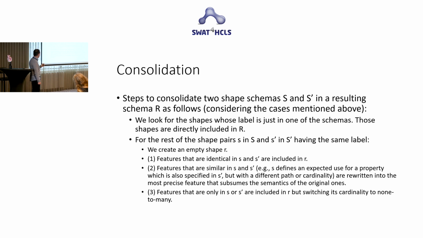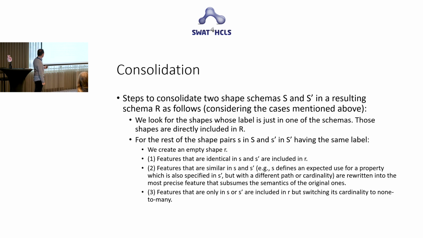Those shapes are directly included in R. This means that there are many shape slices, and if a shape is only in one slice, there is no problem, so we don't need any consolidation for that shape.